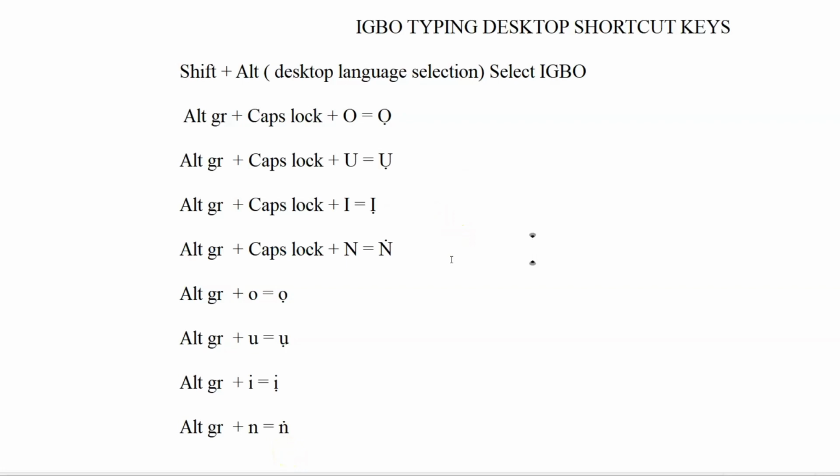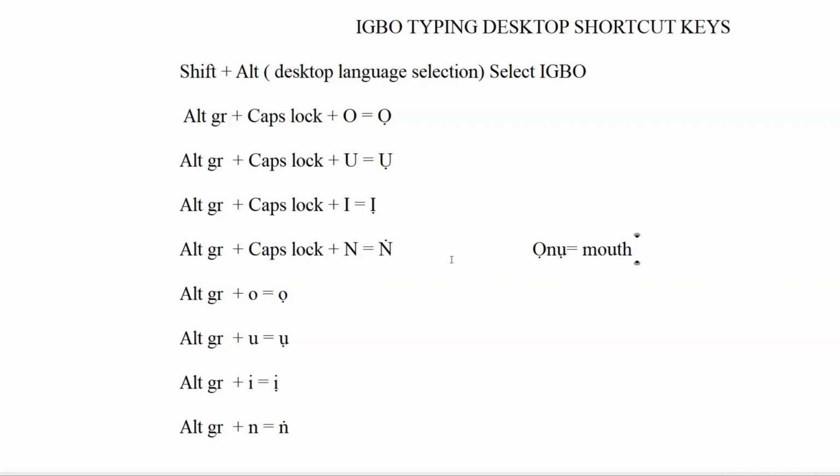Let me just practice on this space. So what are we going to type? Let's type mouth. Mouth means onu in Igbo. So let's start. You have to start with a capital letter. So put your caps on, O, N, then N with dots, then remove your caps, U. Okay, U. Correct. Okay, equals mouth.